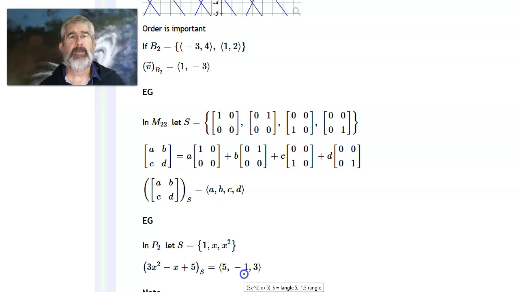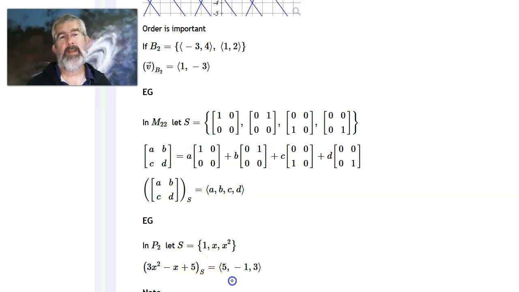It's these things called isomorphisms, essentially saying that this vector space is exactly the same as that vector space. You're just calling the things something different. And it turns out that this coordinate transformation is what's known as an isomorphism, essentially saying that P2 and R3 are indistinguishable. They're the same thing. Likewise up here, M22 is indistinguishable from R4.